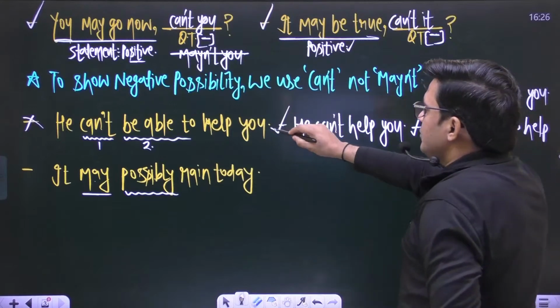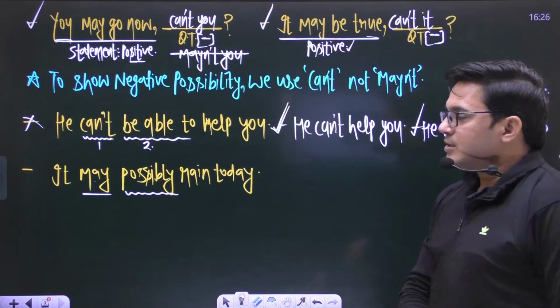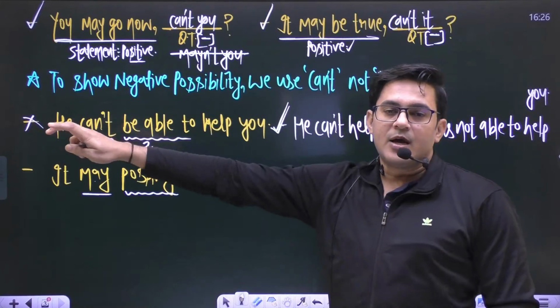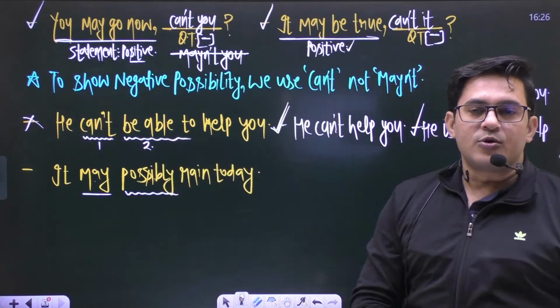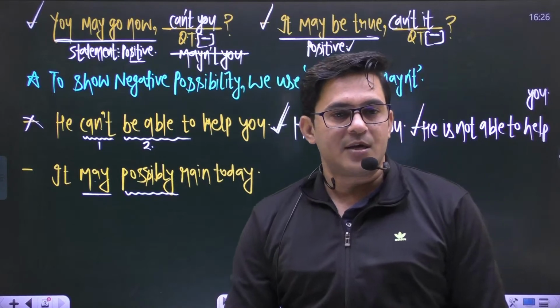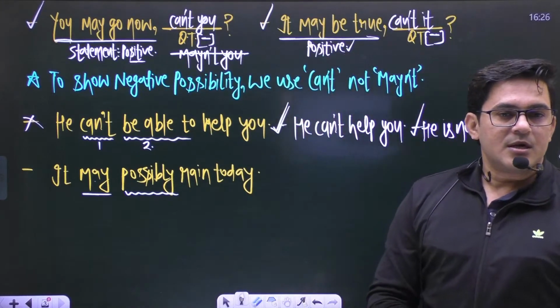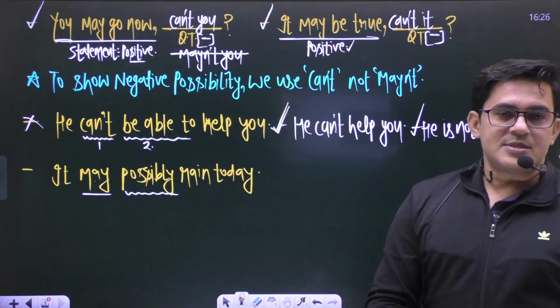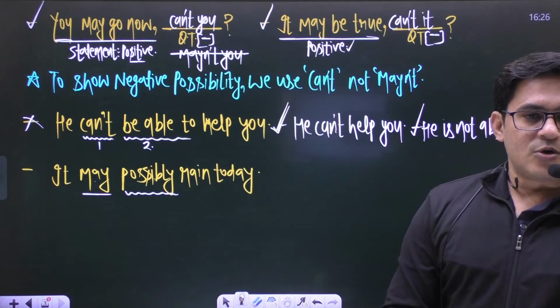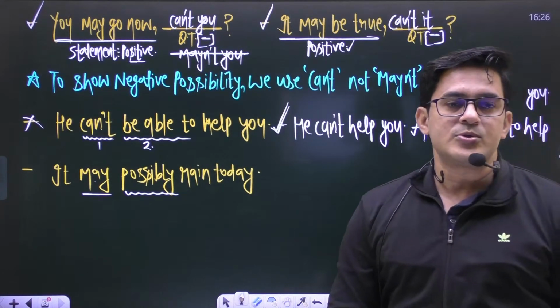By both the ways you can make the sentence okay, but this is wrong to apply. Two different modal auxiliary verbs cannot be used together in a sentence. Sir, can't and able in the same sentence, is it okay? No, this is not right to use.